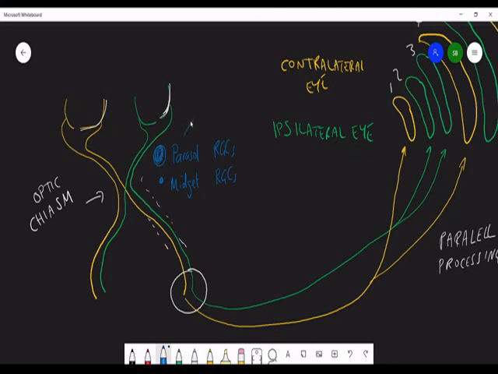So these give rise to what we call the magnocellular pathway, and these give rise to the parvocellular pathway. It's really annoying that we've got M to P and P to M, but magno and parvo are easy to remember.